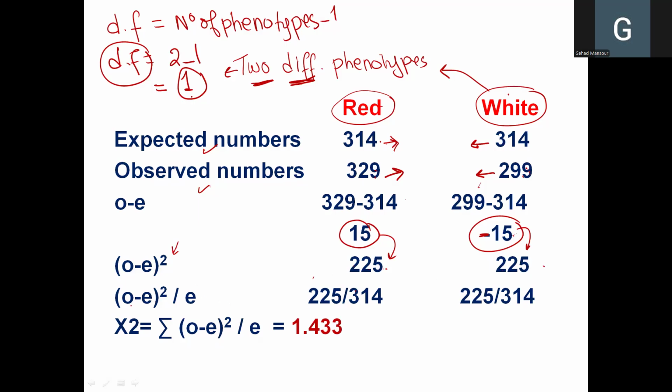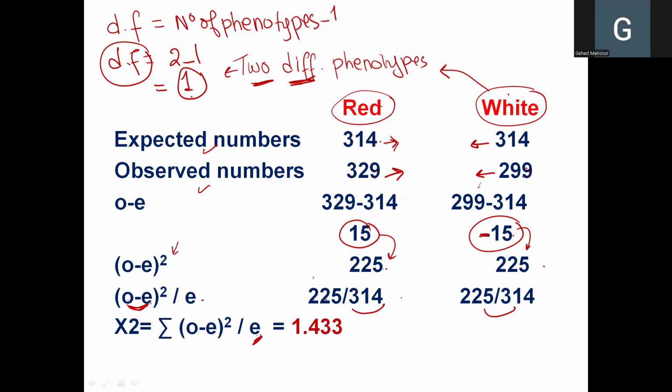But in the formula, we have in the numerator observed minus expected squared divided by expected. So 225 divided by the total, 314, and here 225 divided by the total, 314. And of course, the denominator will be common for both.